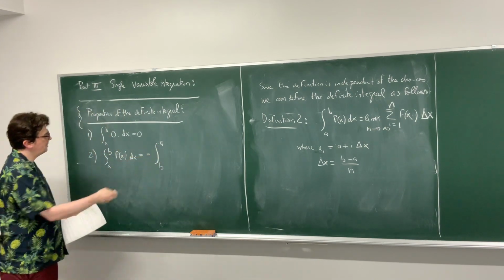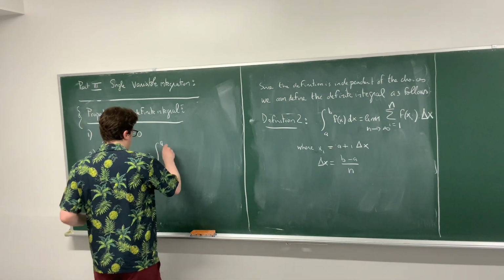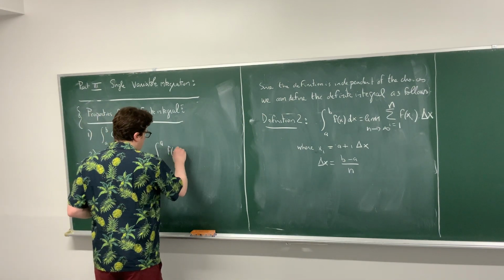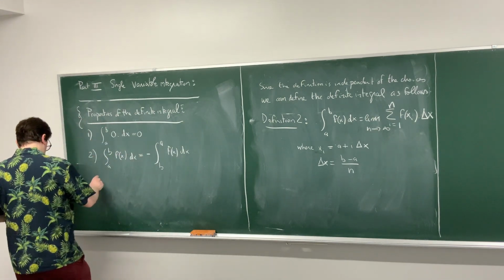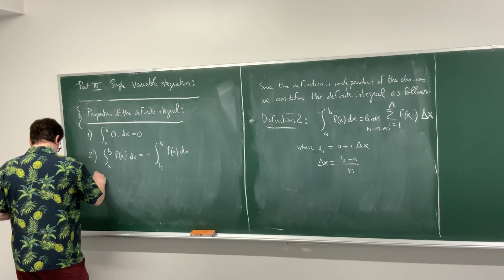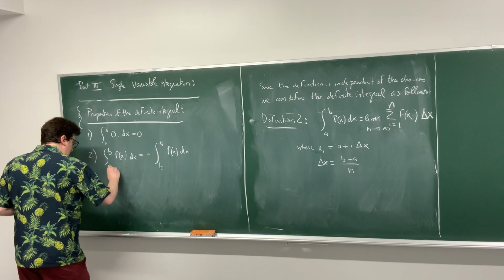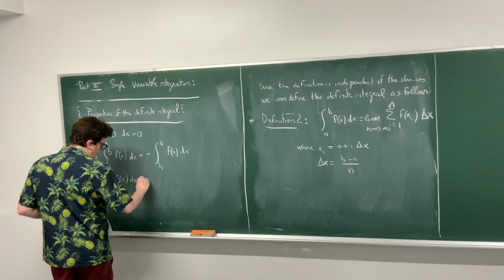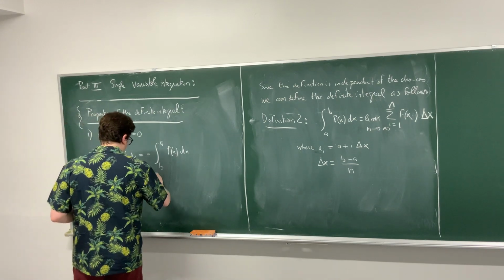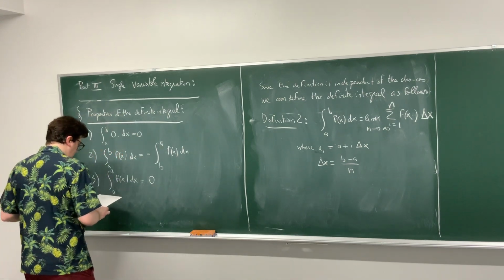So reversing the bounds of the interval, you get a minus sign. Then 3, the integral between a and a of f of x dx is 0.